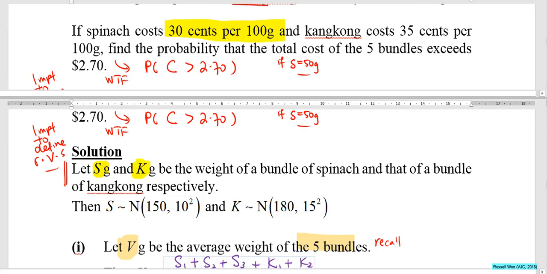You want 0.15, right? So how do you get 0.15 from 50? You take 50 divided by 100 times 0.3. The cost of 50 grams of spinach is 50 divided by 100 times 0.3. So the cost of this is S divided by 100 times 0.3. This is the cost of one bundle of spinach.